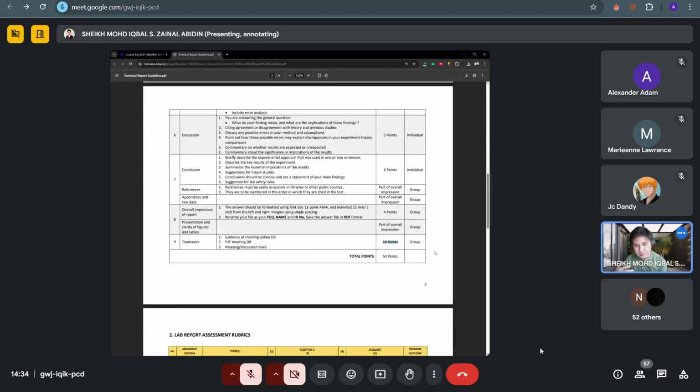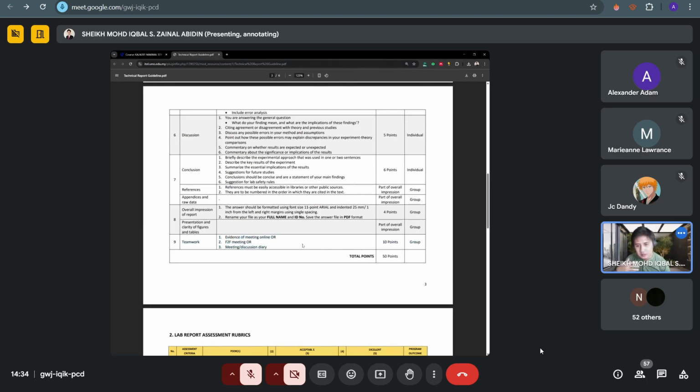You just have to put in pictures or make a diary showing me that you are actually meeting and doing some sort of teamwork, right? So this is basic. This is like a bonus mark for you guys. If you don't try to score this one, it's a shame.